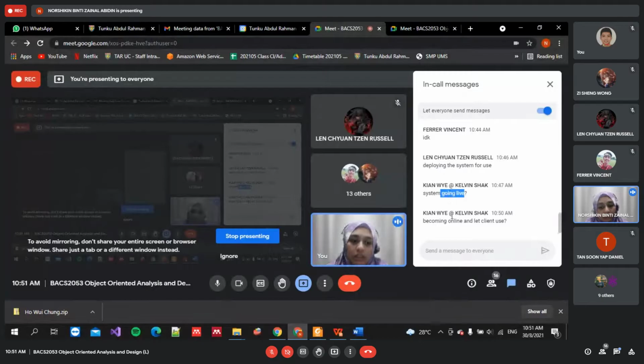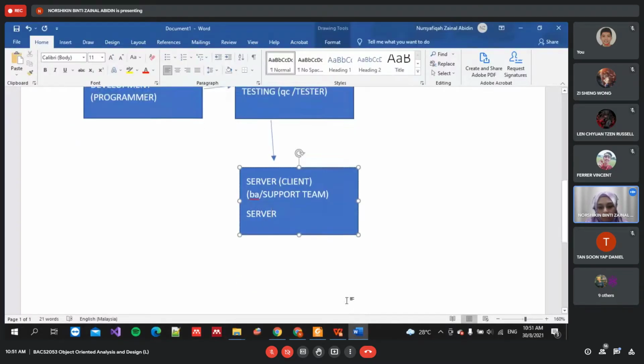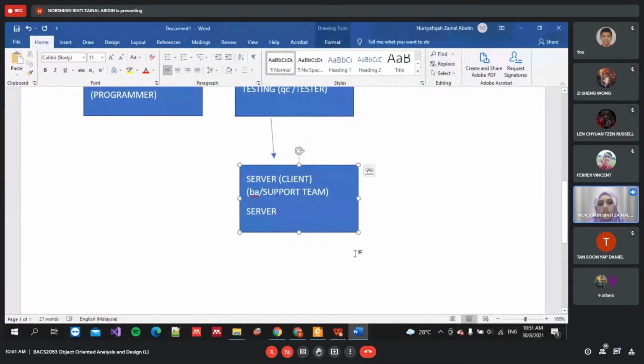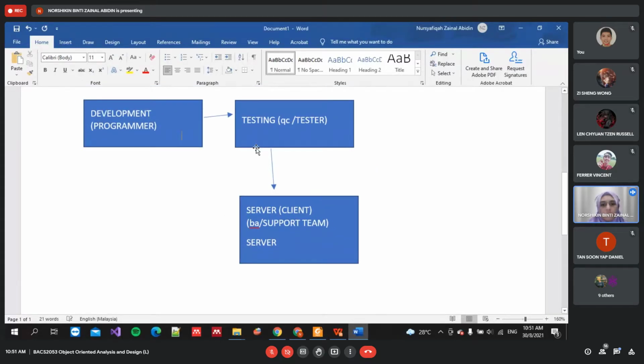However, deployment is different from going live. Why? Because sometimes, for example, let's go back to here. For example, for banking, because banking is very crucial. So not only one server, I think they have 3 servers. That means this is us, this is me. No, I never deploy actually because I'm not support team.